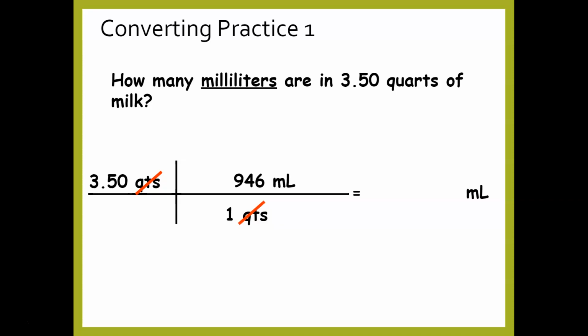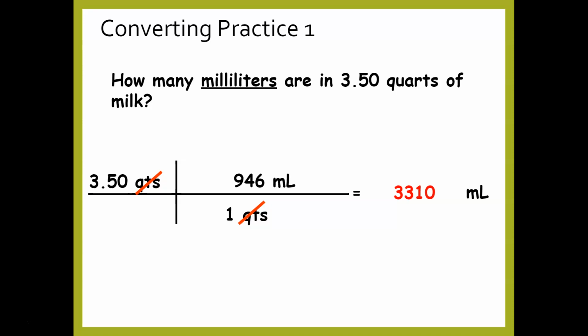Now we have 3.50 times 946 mL, which gives us 3,110 mL. Now that's not what your calculator says. So why did I give that answer? Let's go back for a second. The original quantity measured, 3.50 quarts, has 3 significant figures.